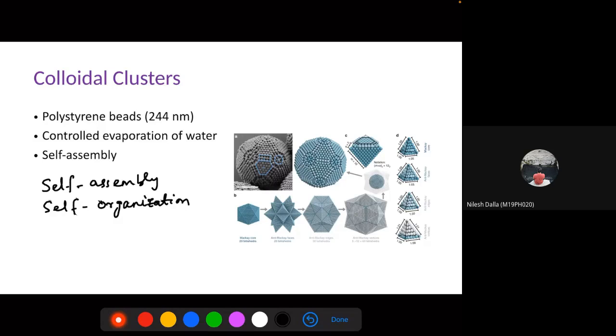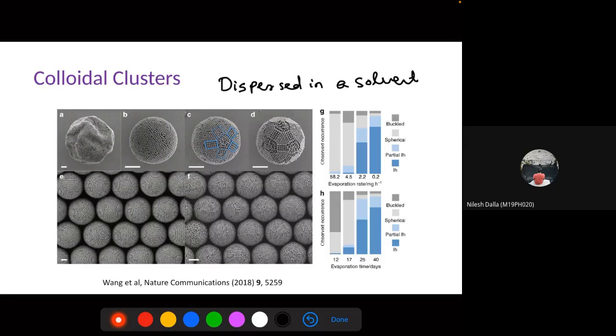Okay. So that means these clusters or the particles organize in such a way and form certain regular structures like what we see here. They form very regular structures over large scale, which typically can be of the order of a micron or even millimeter order.